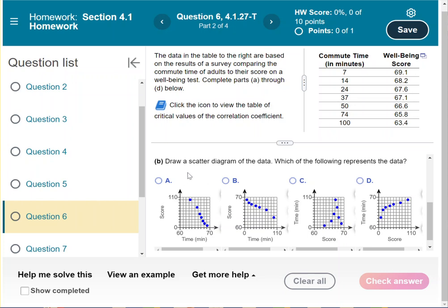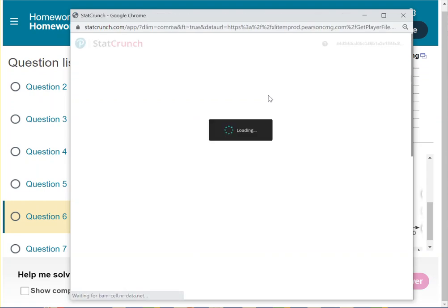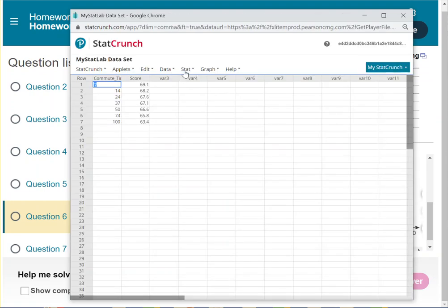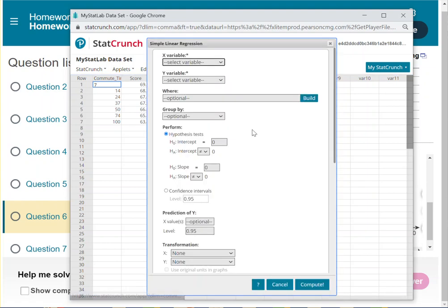So we need to do a scatter diagram. Basically you're just plotting these points. We'll just let StatCrunch take care of that for us. So we'll go to Stat, Regression, Simple Linear. We want to choose the commute times.